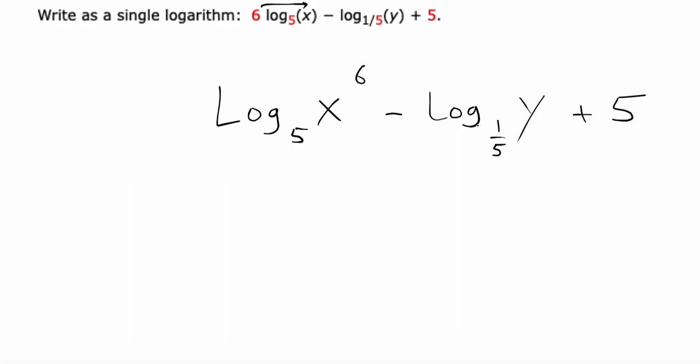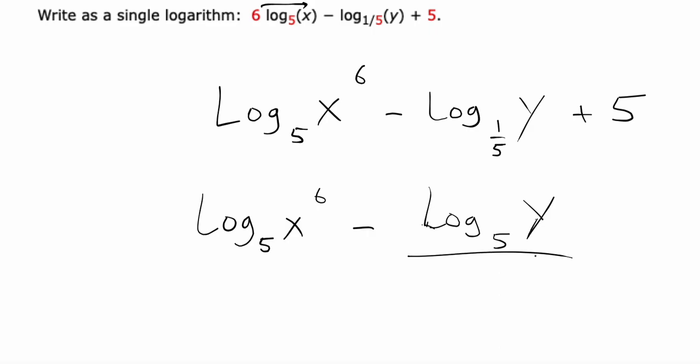If I want to change this guy's base, let's say into a 5, I'll do the log of a base of my choice divided by a log of the base that they had put there.